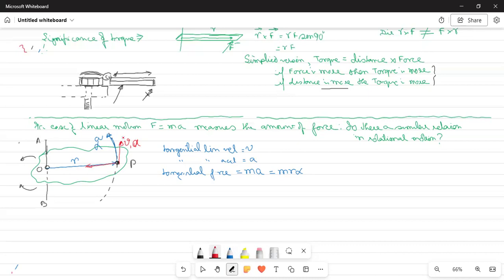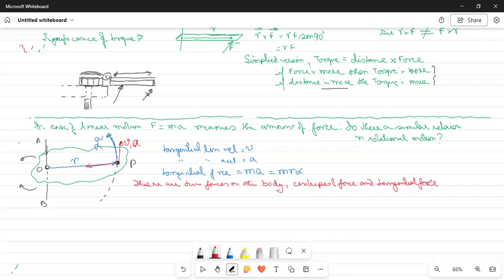That means there are two forces on this body: the centripetal force and the tangential force. The tangential force is there if there is a tangential acceleration producing a circular acceleration.